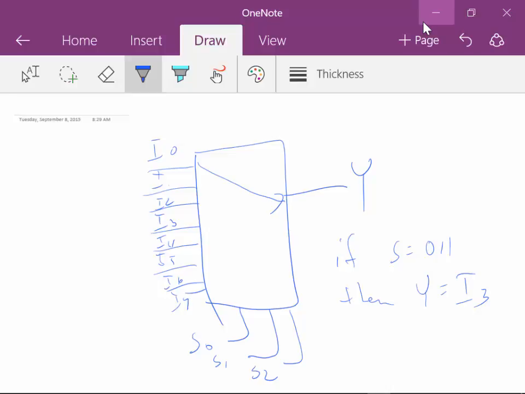What I'm going to talk about here a little bit today is using this in order to do Boolean algebra. There are 2 ways of doing this.